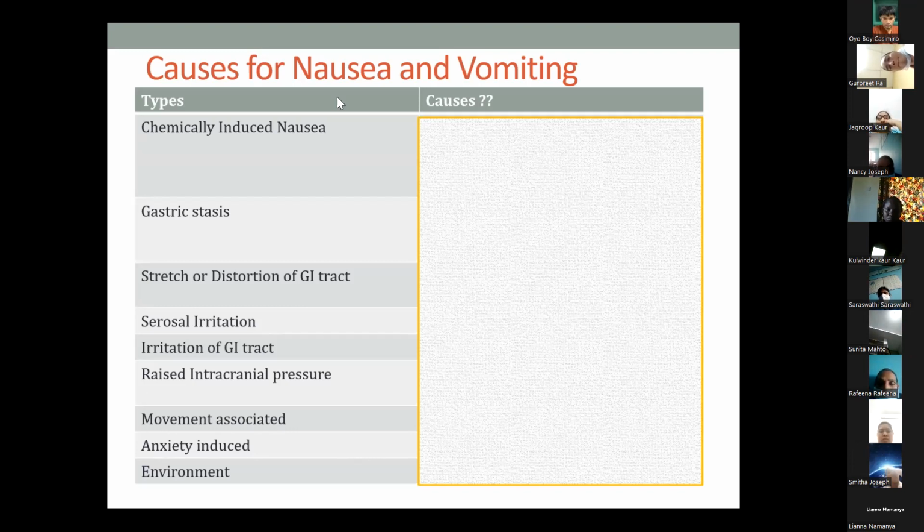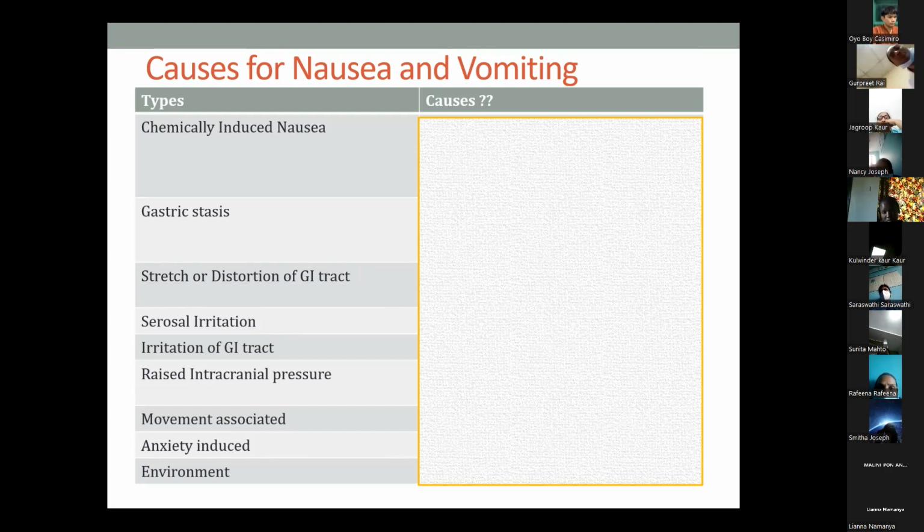Now, we are talking about chemically induced nausea. Like you rightly said, it can be drugs like cytotoxic drugs such as chemotherapy. It can also be opioids. Your patient is in severe pain, so the patient is probably on a strong opioid like morphine, or probably a weak opioid like tramadol.